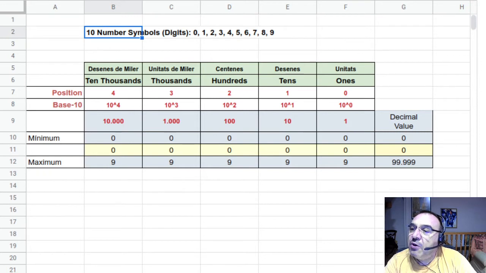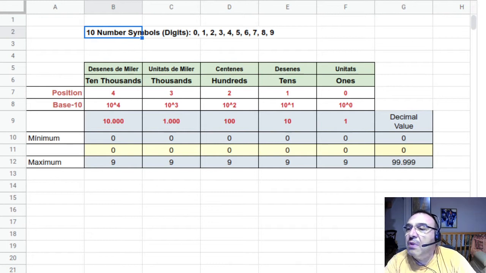In any positional number system, the value of a number depends on the value of the digit and also on the position. So let's say the symbol 1. The symbol 1 means units.